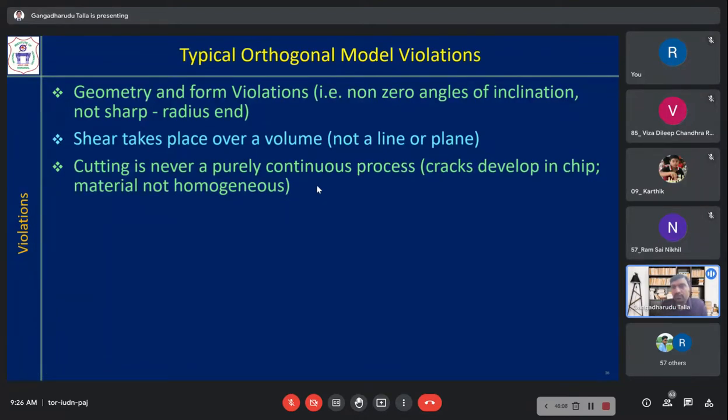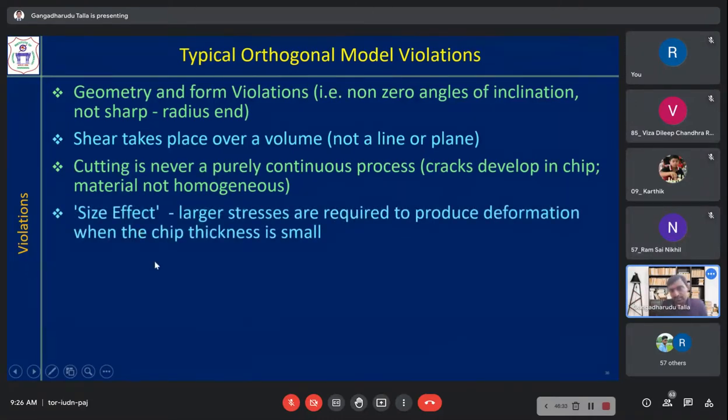The chip will not move at a constant velocity throughout. Why? There may be some cracks in the chips and the material may not be homogeneous. Due to that, the chip sometimes will slow down and at some other place it will move at a higher velocity.